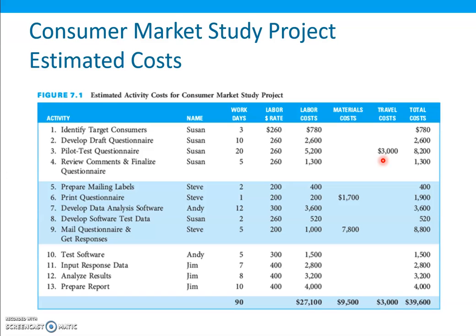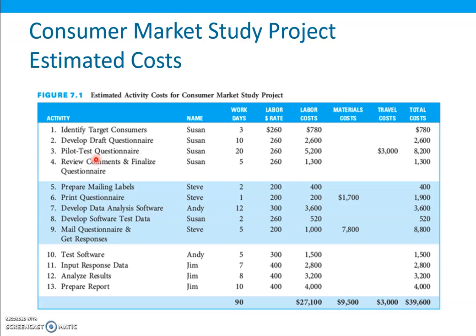So since this was a relatively small scale project only involving the consumer market study project, we have only considered the labor, material, and the travel costs. So most of the costs are the labor costs, but some of them are the travel costs as well. So for example, travel costs involved for performing the pilot test questionnaire.